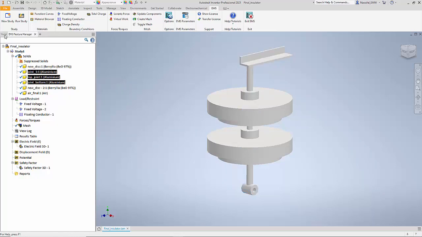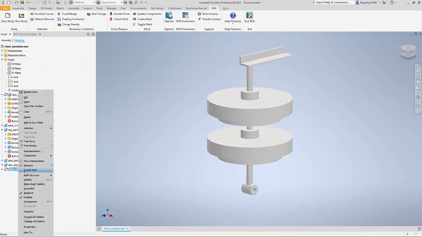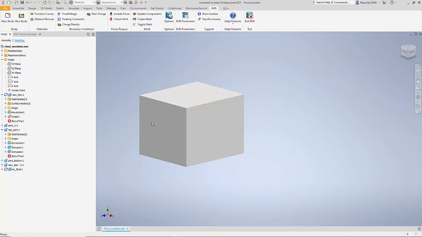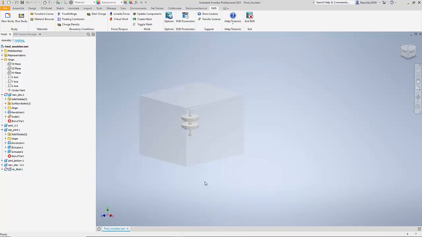And finally, we have an air geometry that I've hidden and I'm going to show you right now, which covers the entire model. So if I turn on the transparency, you can see that the entire geometry of the insulator is encapsulated inside this air geometry.